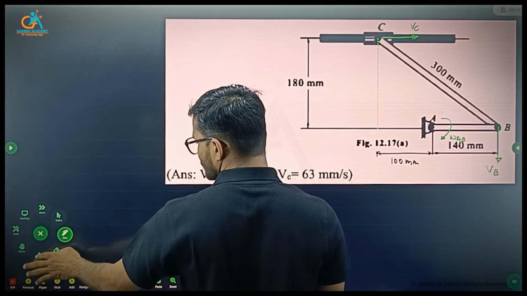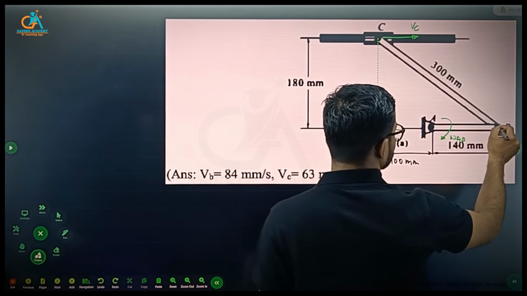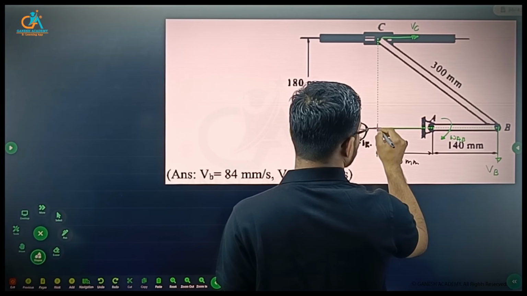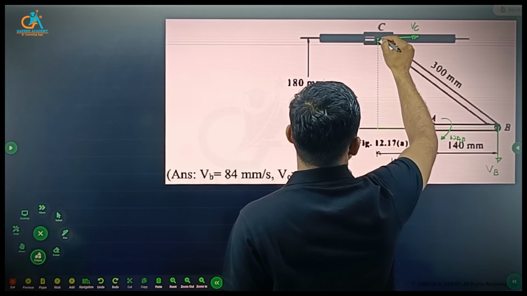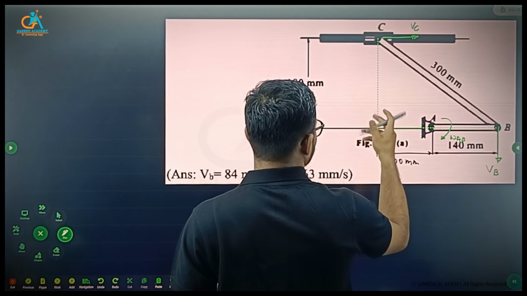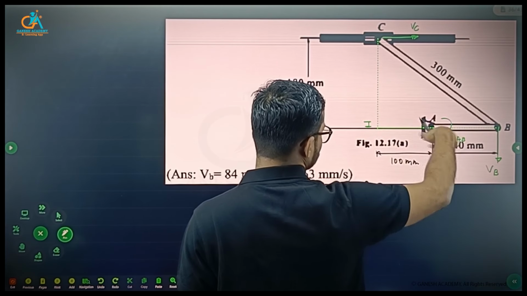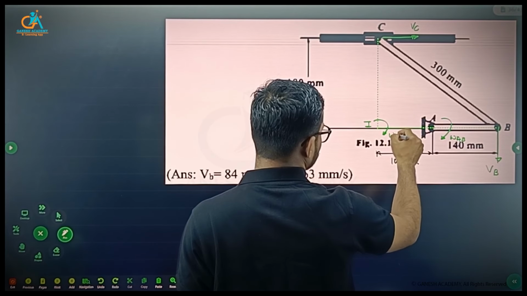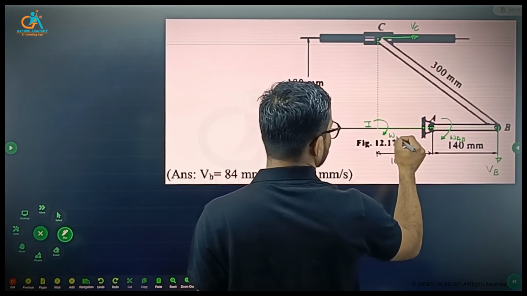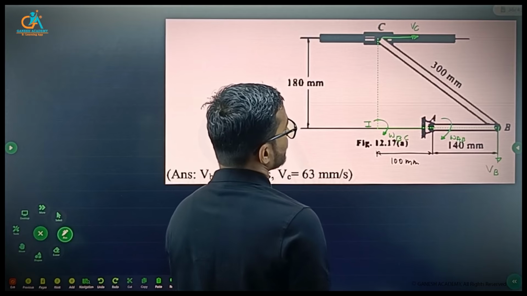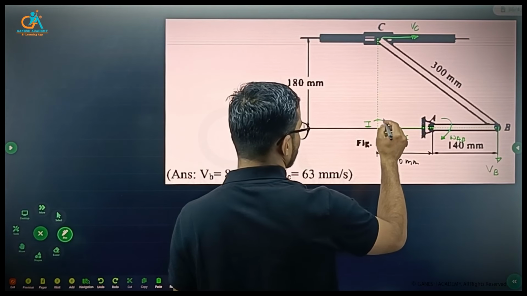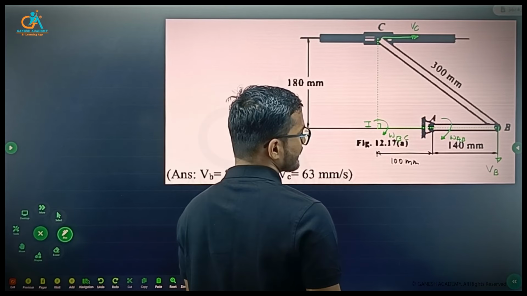So what I'm going to do is draw a perpendicular line through B to the velocity at B, and the same way for the velocity at C, and this is nothing but the corresponding instantaneous center of rotation, which will obviously rotate in the clockwise sense. So this is angular velocity BC. This is 90 degrees.